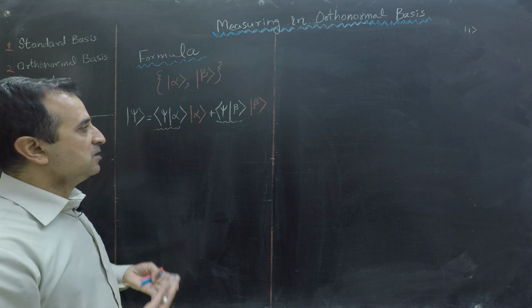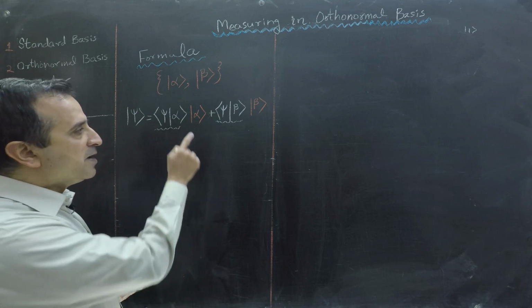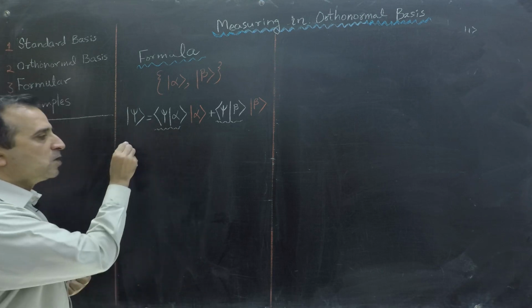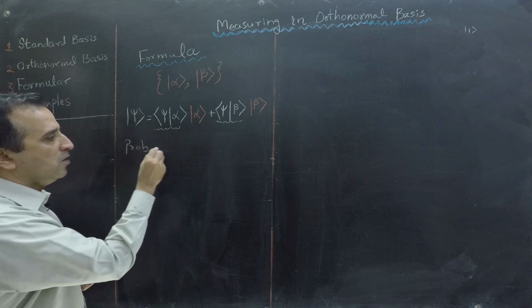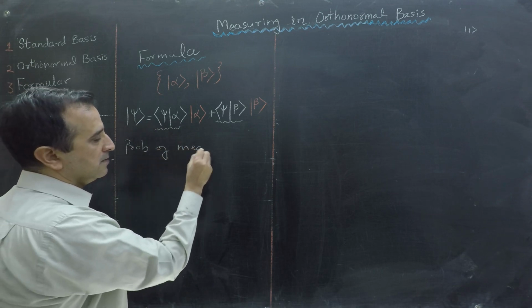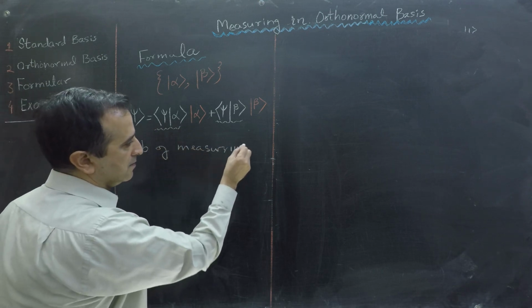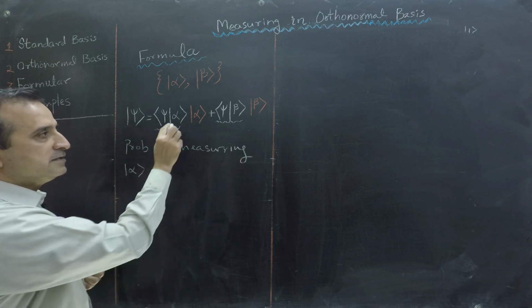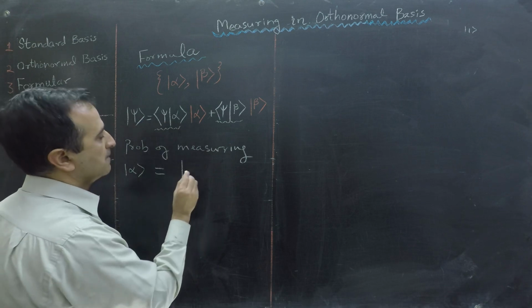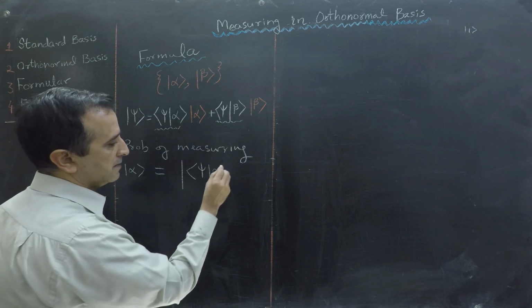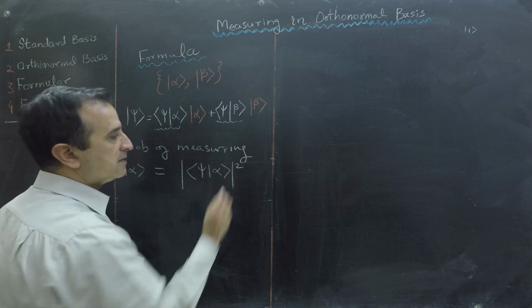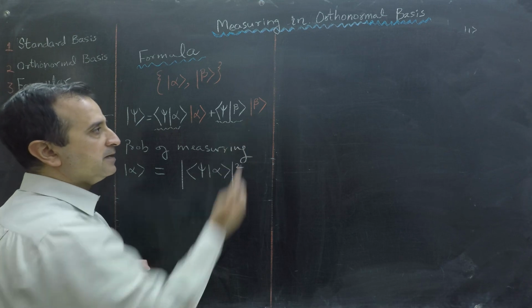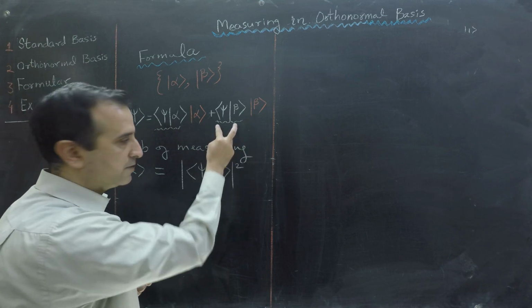And because we have to measure in the basis of ket alpha and ket beta, it implies that to find the probability of measuring ket alpha, we have to square this. So the probability of measuring ket alpha is equal to the square of this. Similarly, the probability of measuring ket beta is the square of this amplitude.